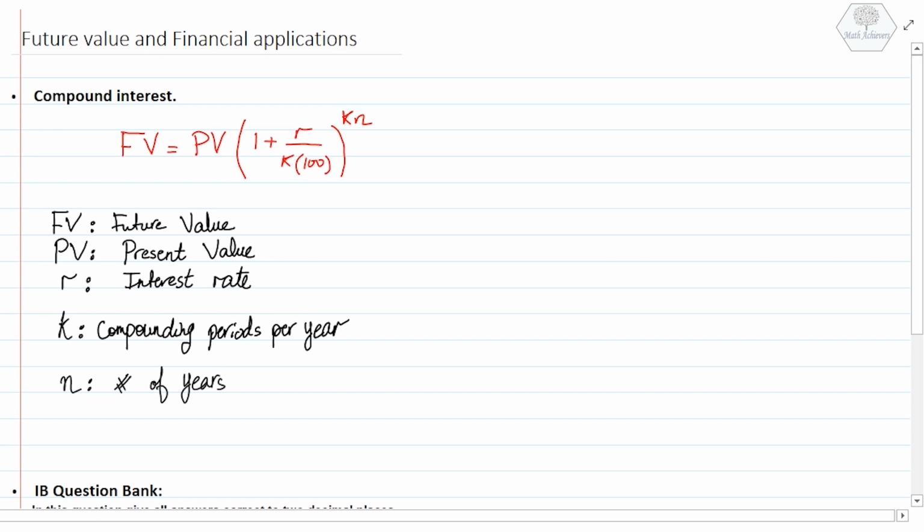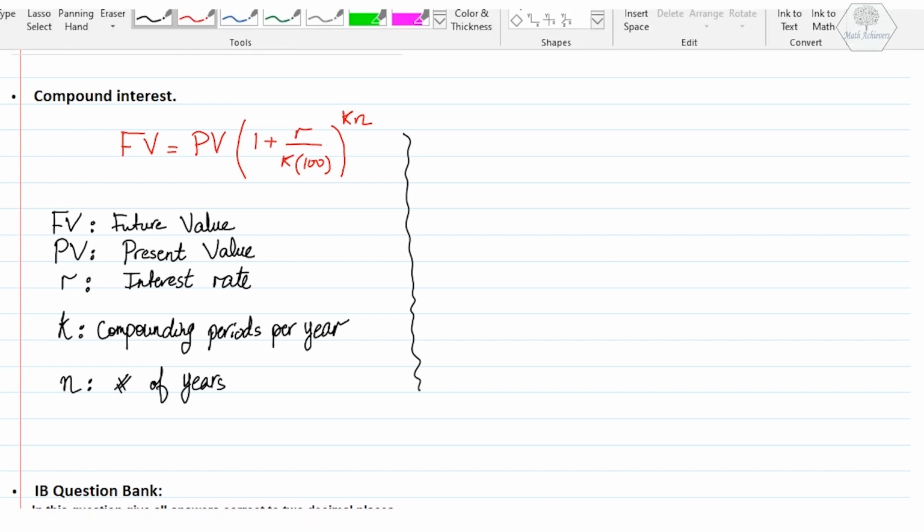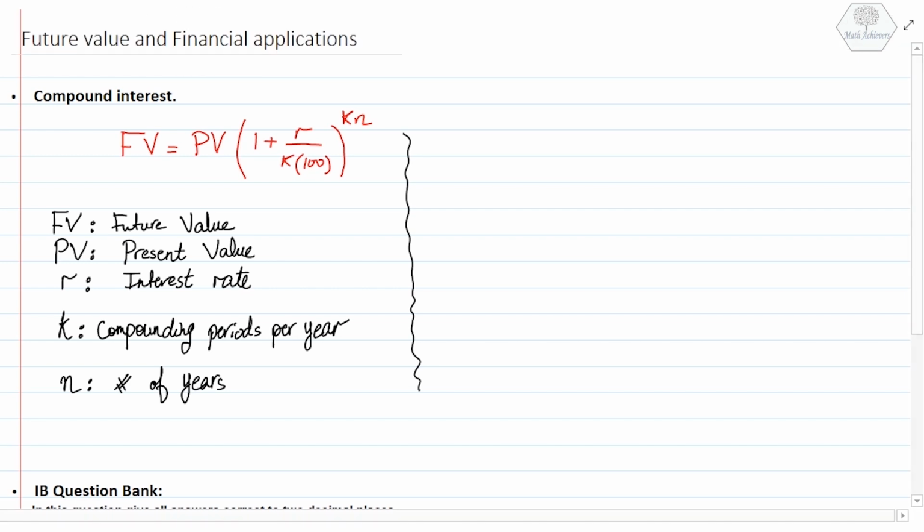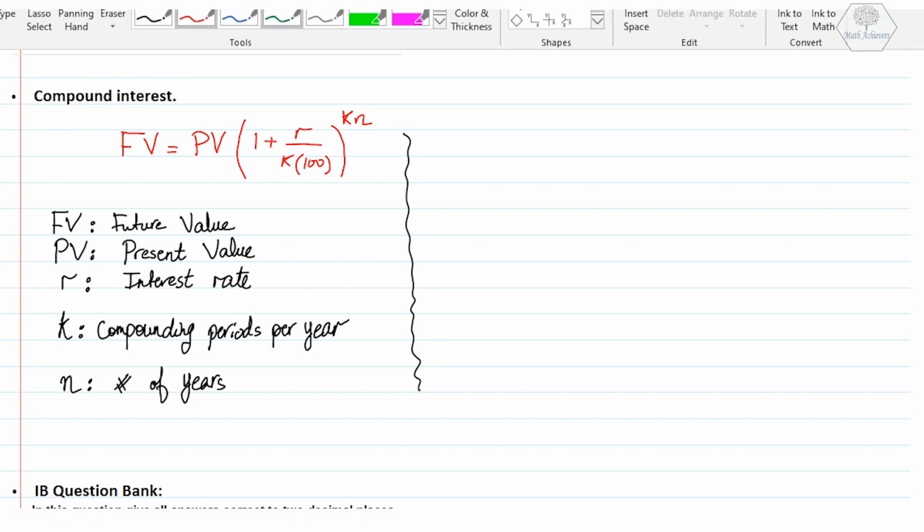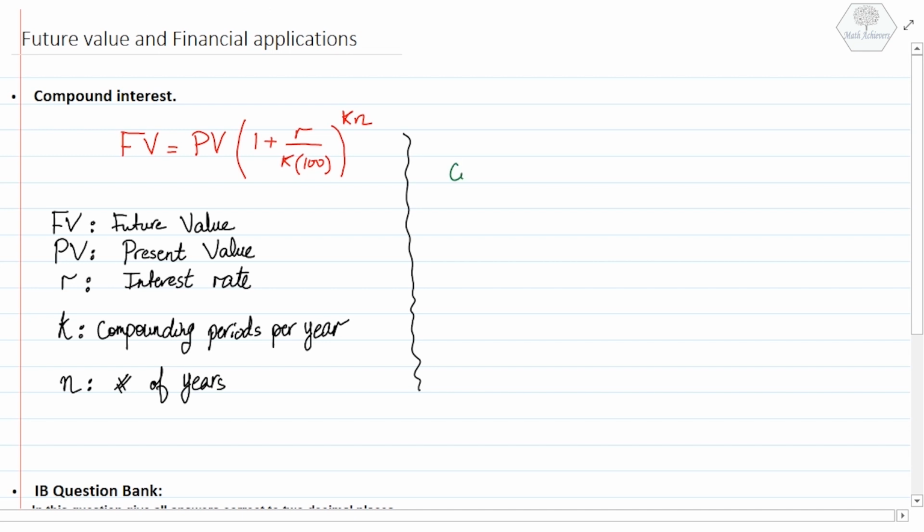Now, for the value of K, if the deposit is compounded yearly, then the value of K is equal to 1.